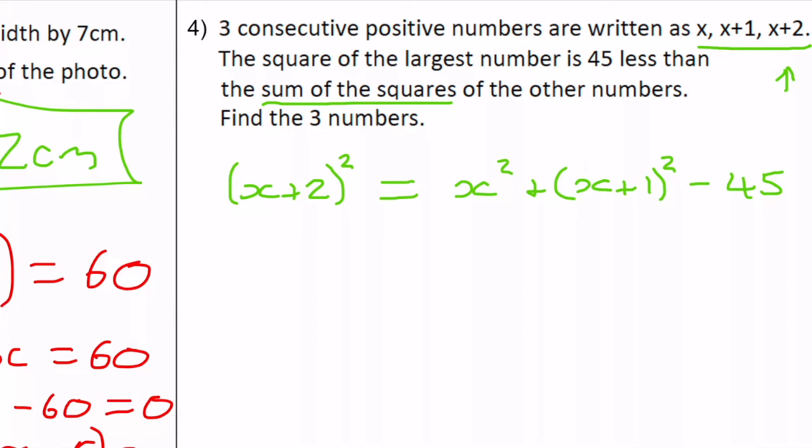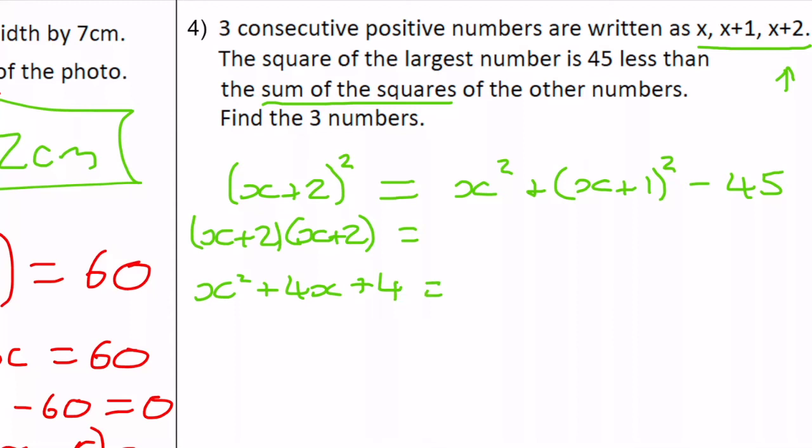Now you've got to do the expanding and factorising and simplifying. Whenever you're doing x plus 2 squared, think of it as 2 brackets. Okay, we've got x plus 2, x plus 2, because it's not just x squared plus 4. We've actually got x squared plus 4x, because we've got a 2x and a 2x, and then we've got our plus 4.